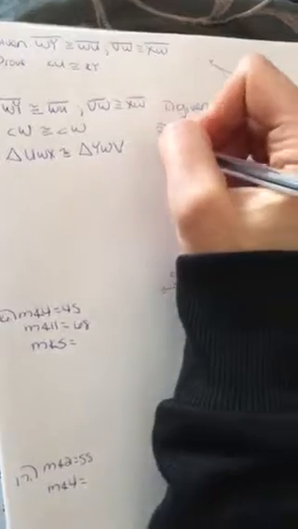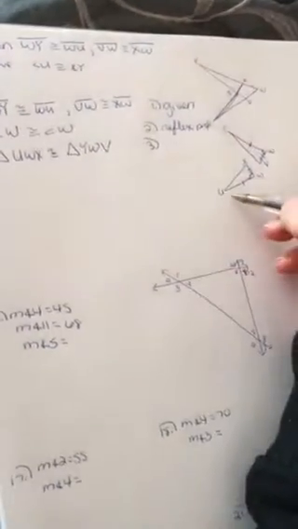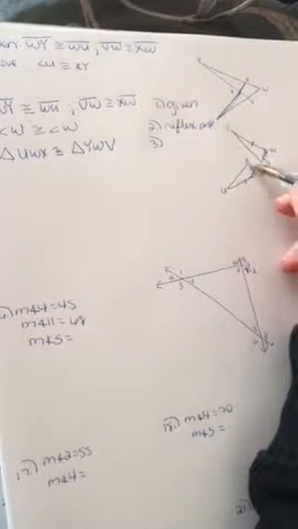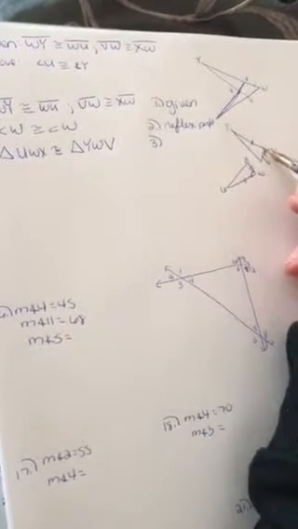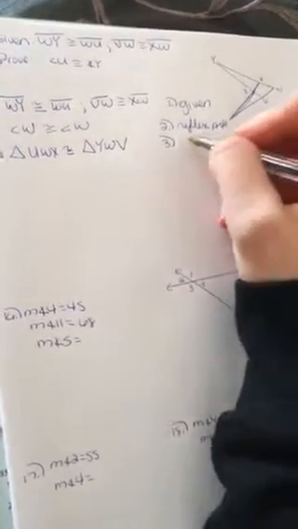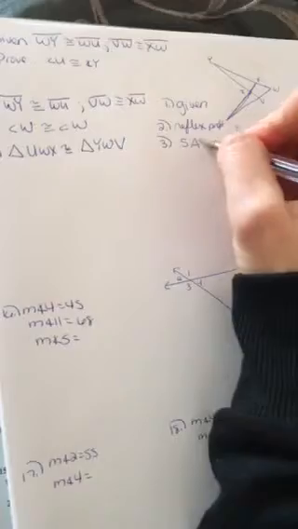Again, I was careful to make sure that I kept things in order, so I went down the line with one tick mark to my angle, then two. One tick mark to my angle, two, to make it easier. Side angle side, because these have to be organized when we do this.